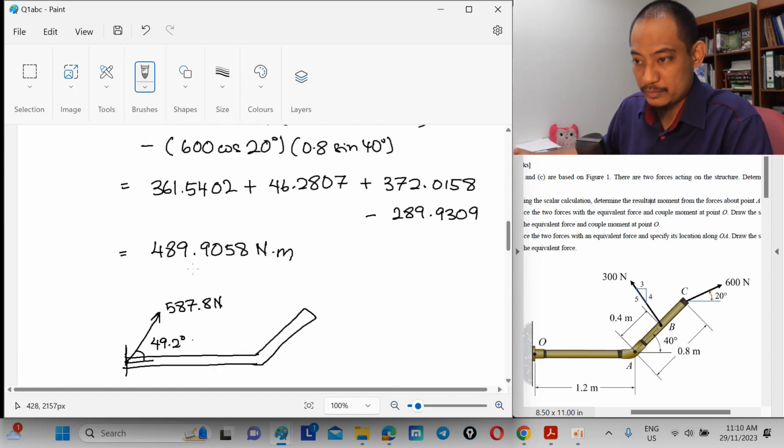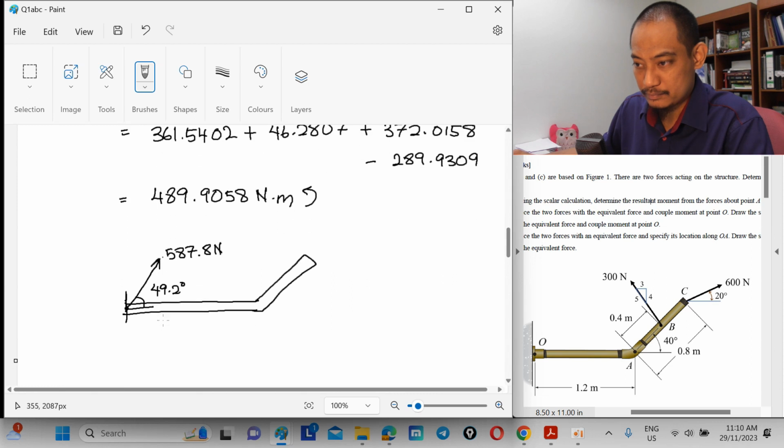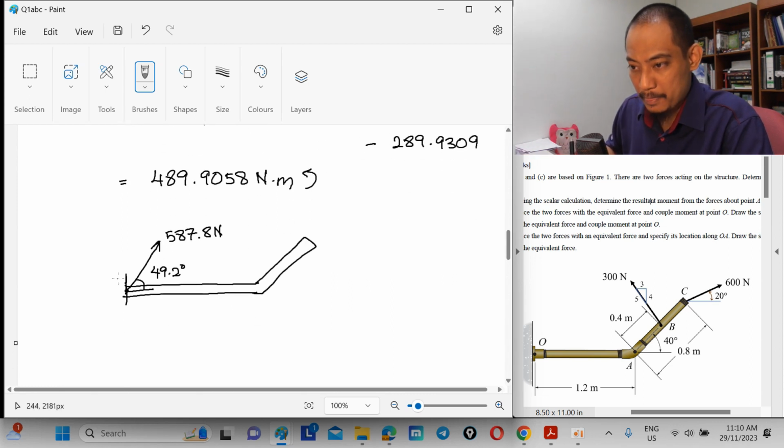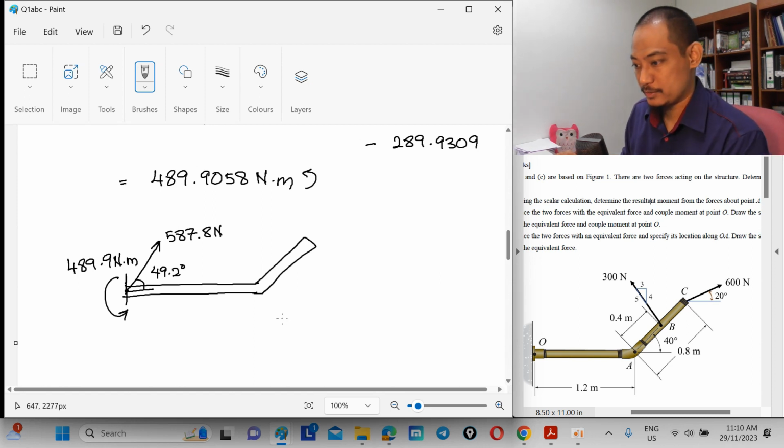And then you have moment. What is the direction of moment? It is counterclockwise, 489.9. So that's the answer for part B.